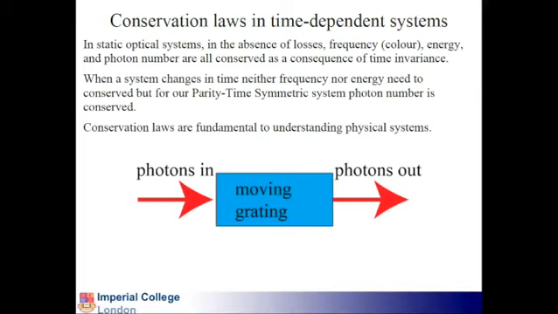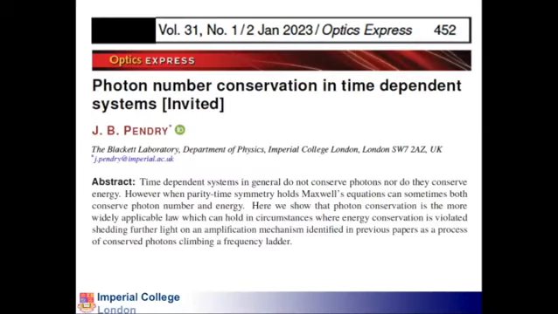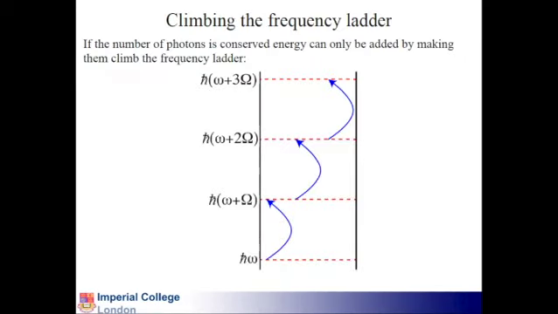But there is another conservation law, and it's conservation of photons. So what happens in this process is that the photons in are equal to the photons out. So how do you put energy into the system?